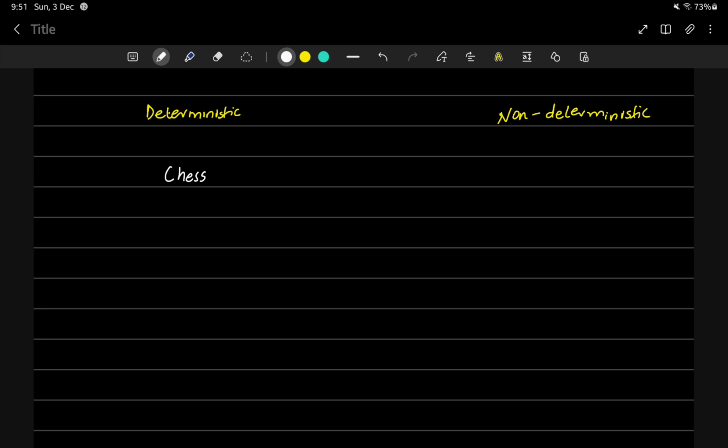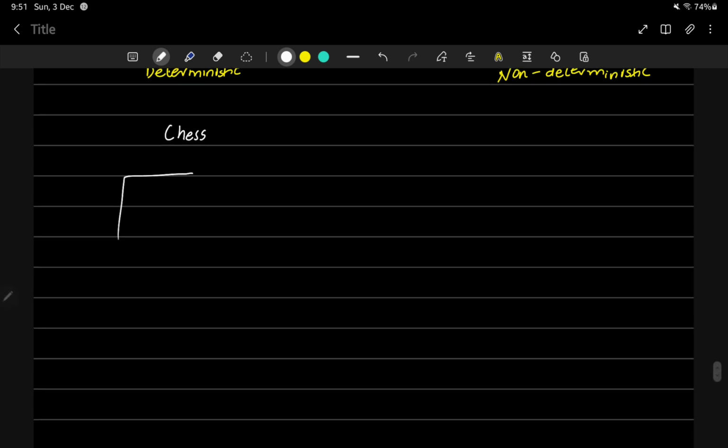If you know the current state of the board, like if you know all the pieces are like this, right? And if you know the move made by your enemy, then the next state is entirely predictable.